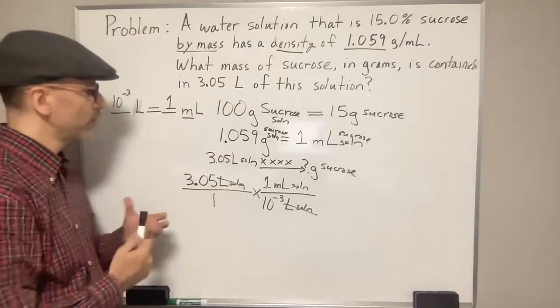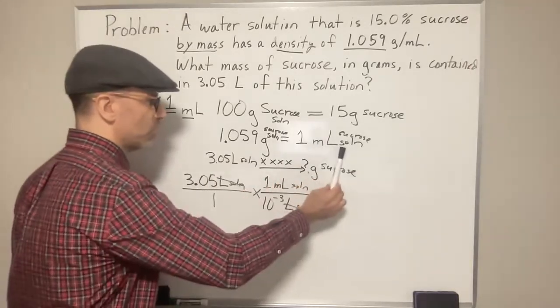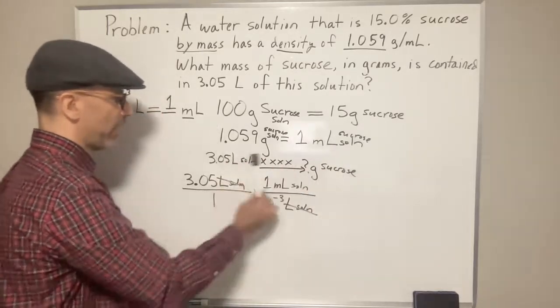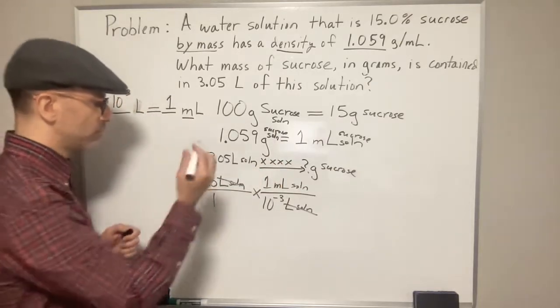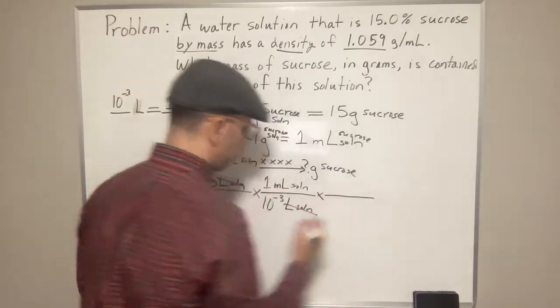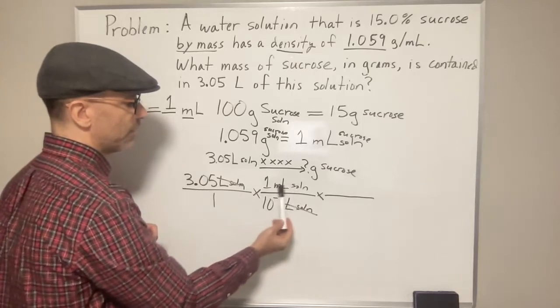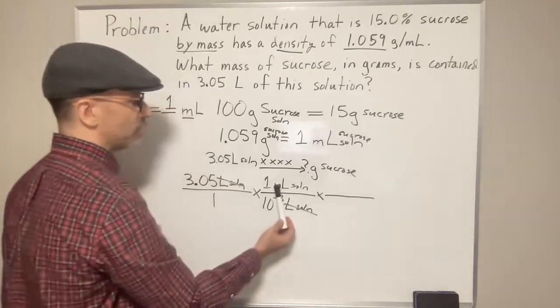Excellent. So guess what? I can now use this relationship here. Milliliters of sucrose solution, 1 milliliter is equal to this many grams of sucrose solution. So I'm going to set up my next conversion factor. So I have milliliters of solution on the top here. So I want milliliters of solution on the bottom to cancel out.